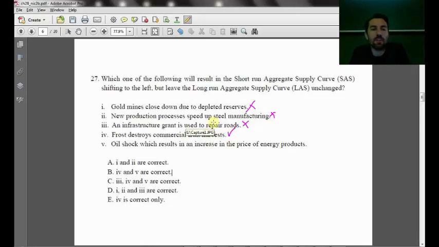Okay, number 5, there's an oil shock which results in an increase in the price of energy. So here, number 5 is a good discussion point. If we have an oil shock, so the price of oil goes up, does that change our productive capacity?